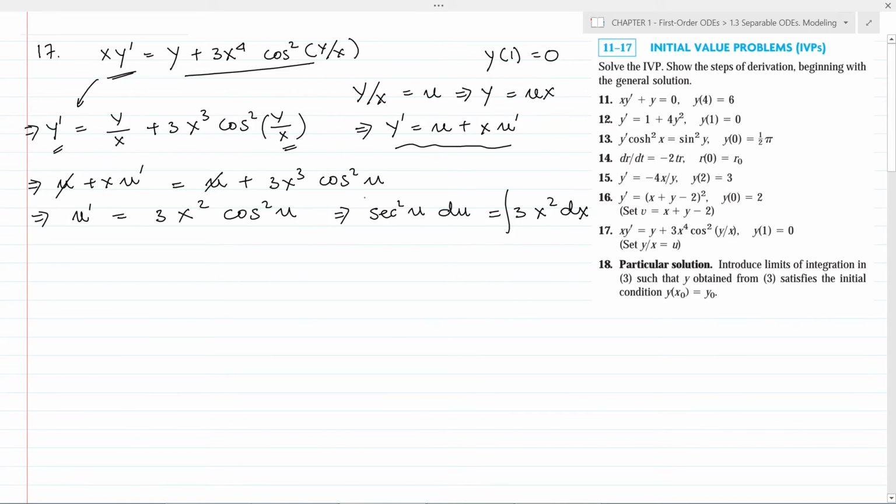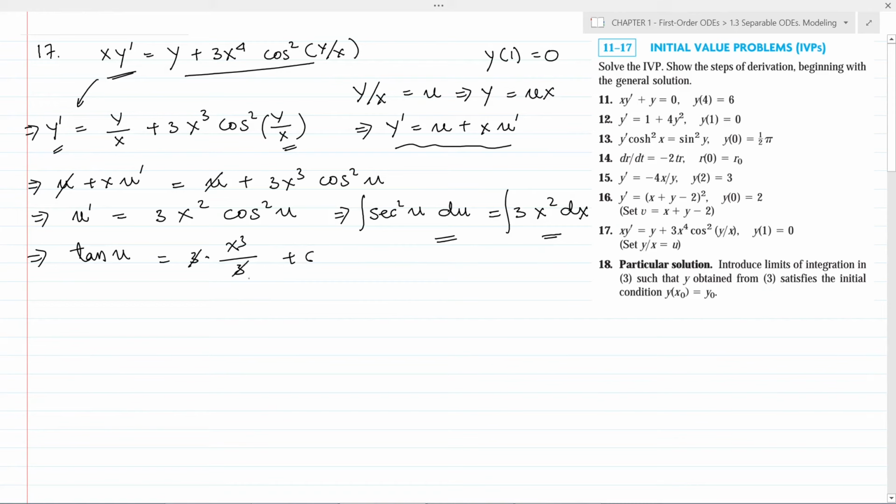Integrate both sides because the u variable and the x variable have been separated. The integral of sec² u du is tan u, and the right hand side becomes 3x³/3 + c.